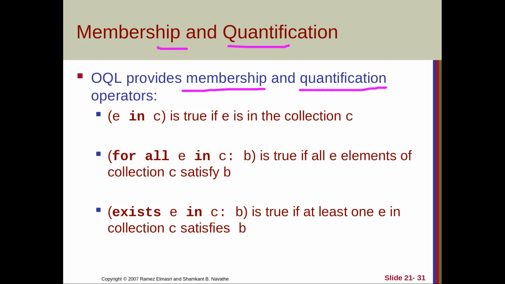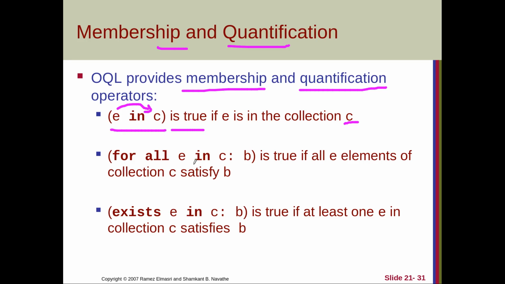So you can see how we can specify membership and quantification in OQL. E in C is true if E is in the collection C. Normally for membership and quantification we are expecting a true or false answer. So E in C is just like a question whether E is in C, true or false. It will return true if this element is in C, and false if it is not.